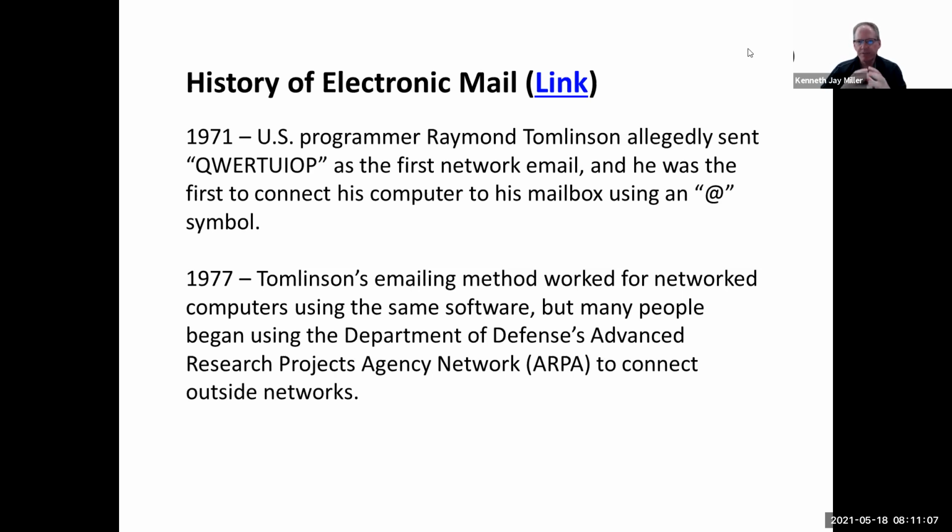There were really only 5 nodes or connections, 4 of them in California, and 1 of them in Utah. It was designed by the Department of Defense to allow communication in the event that the regular communication systems went down. So it was the start of the internet as we know it.